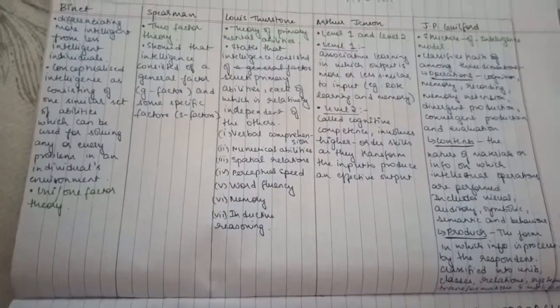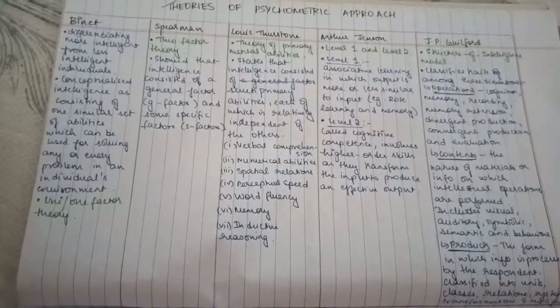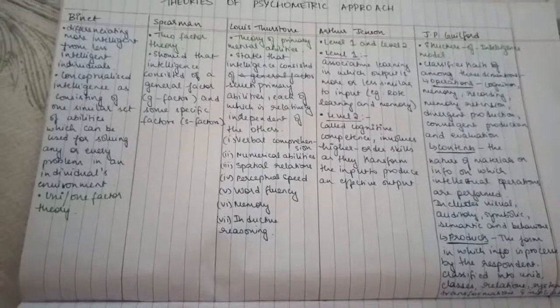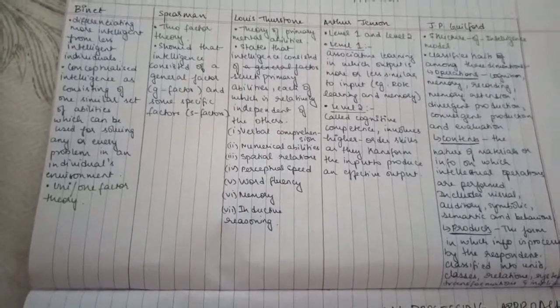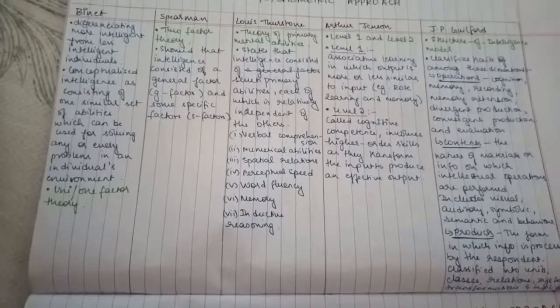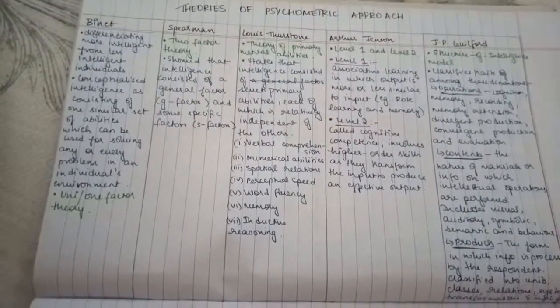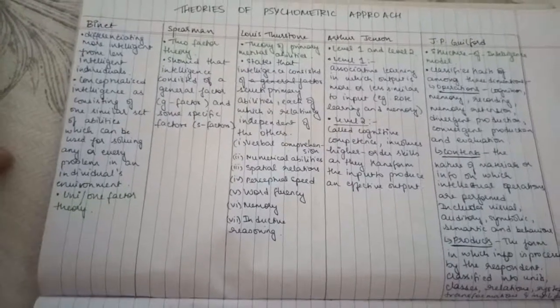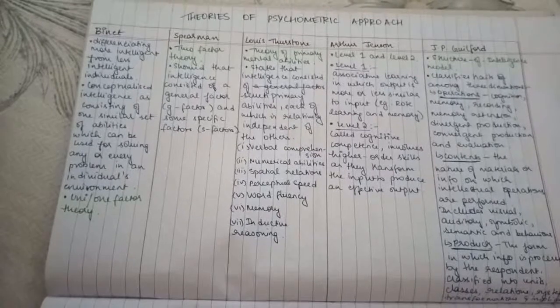Then contents, the nature of materials or information on which the intellect operations are performed, includes visual, auditory, symbolic, semantic, and behavioral.